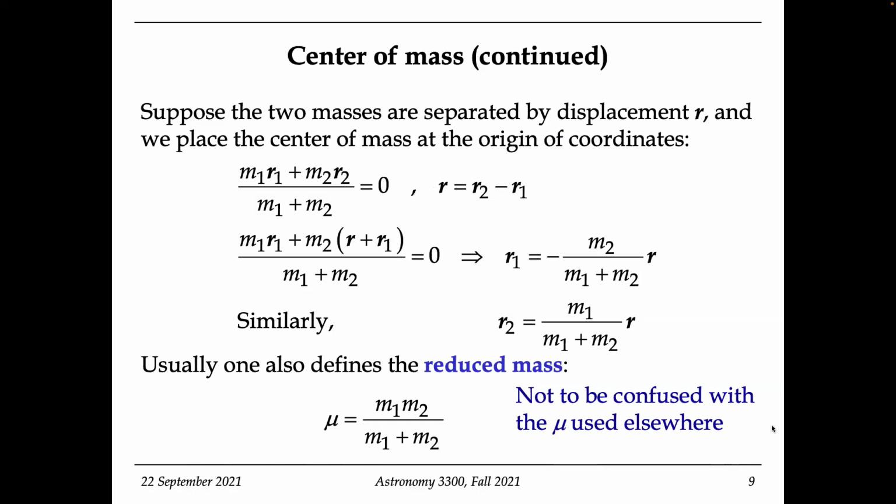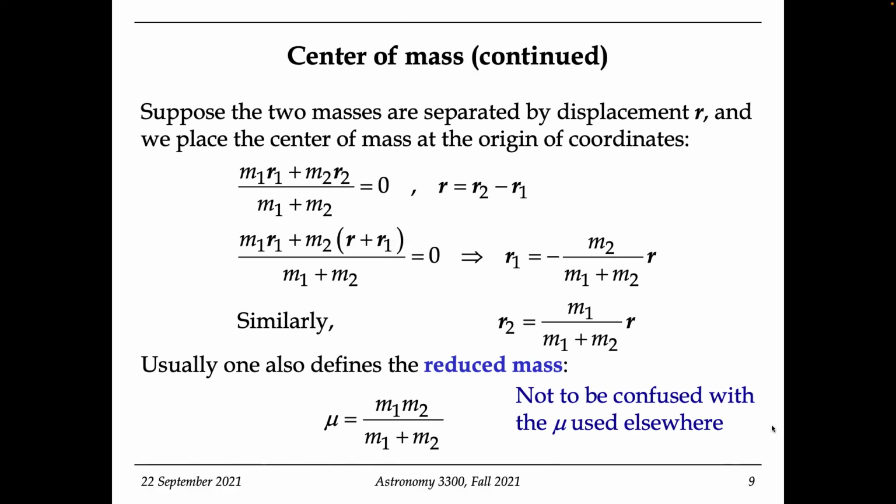Yeah, so let's say those two masses here, I'm just going to call R1 plus R2, I'm going to call that R now. And that way I can place the center of mass here. I'm going to shift this forward.